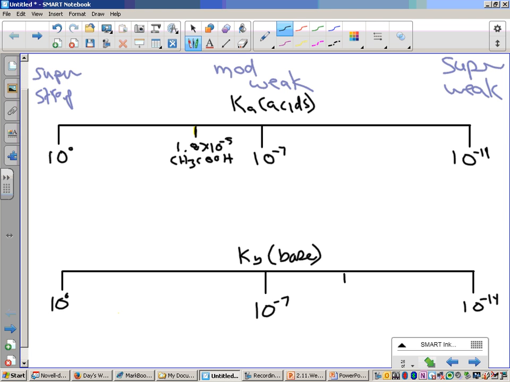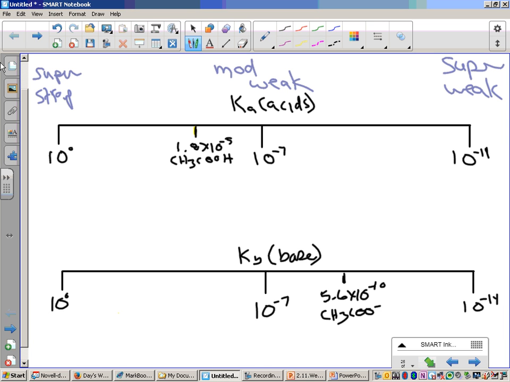In reality, I will be exactly the same distance from that negative 7 as I was on the Ka, because that Ka-Kb relationship will always multiply to negative 14, so you automatically flip to the opposite side. It automatically happens mathematically. So negative 10, and that's CH3COO minus.